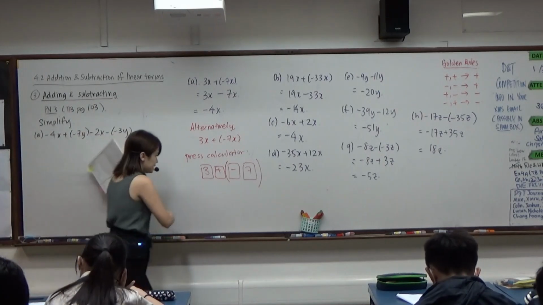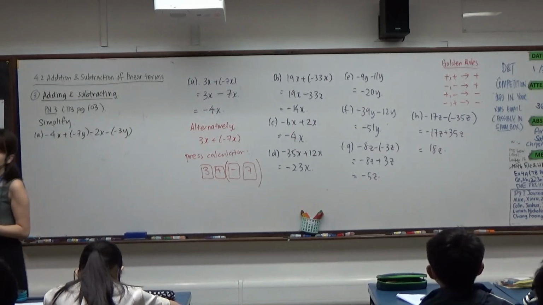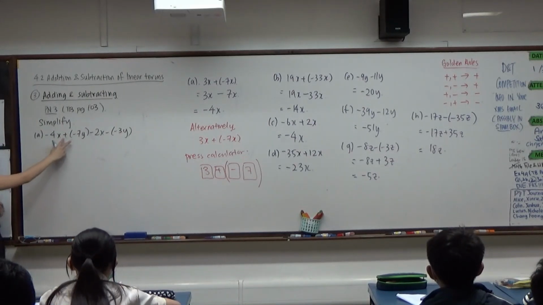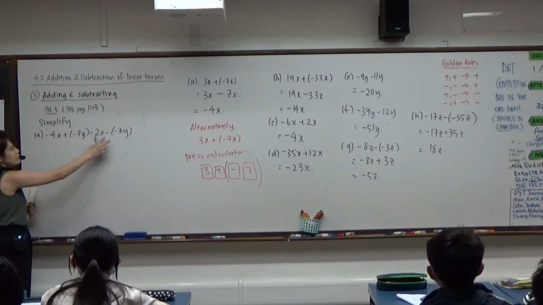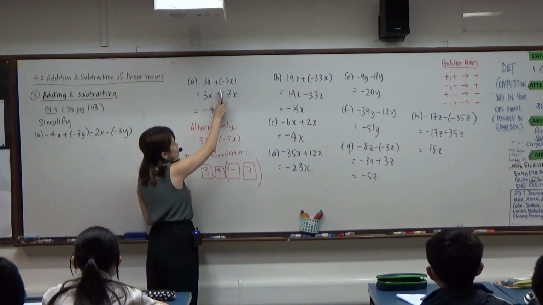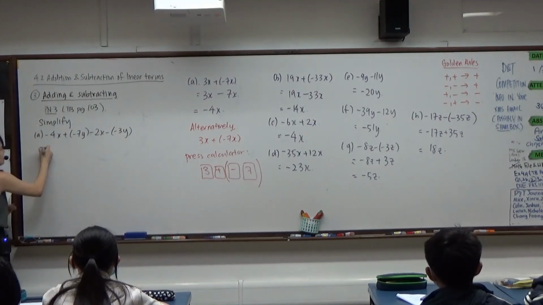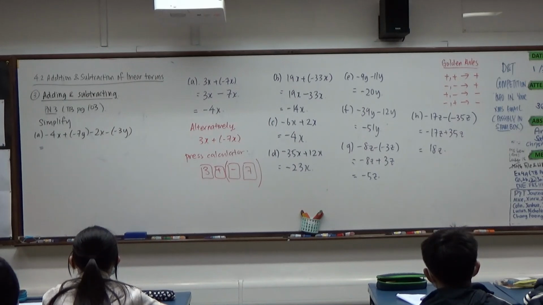Okay, we want to simplify this. How can we do that? So by simplifying, that means that as long as we see plus and minus or minus side by side, let's reduce it by using our golden rules to achieve the correct operation first. So in this case, what will our next step be? See, what do you think?